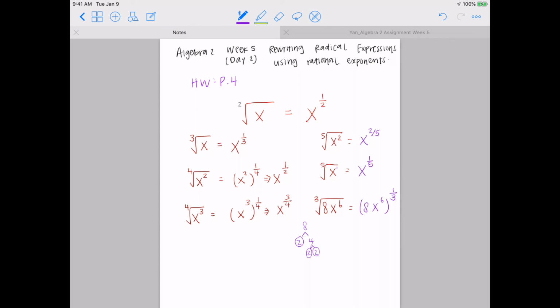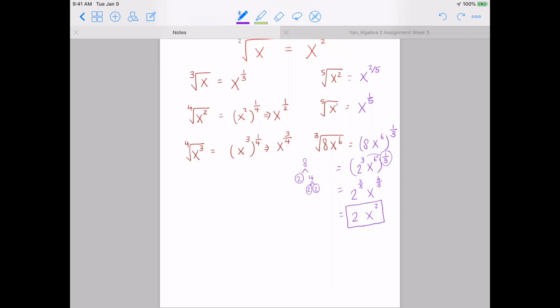So we can rewrite the 8 as 2 to the 3rd power, x to the 6, to the 1/3. And that's when you take your 1/3 and bring it into each of them. So it will be 2 to the 3/3, x to the 6/3, which is 2, because 3 and 3 cancel out, and x to the 6 divided by 3 is 2. So this is your final answer.